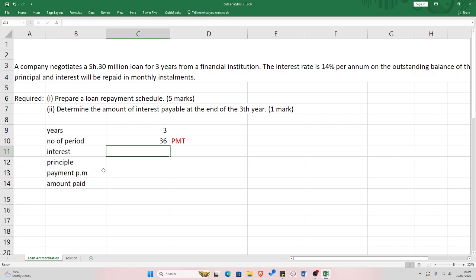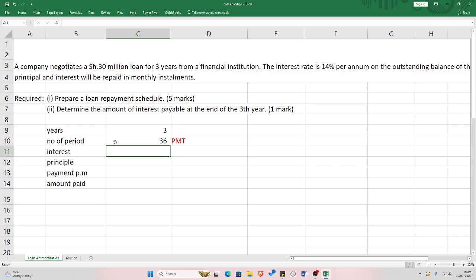So we ask ourselves, what is the interest? We're told that the interest per annum is 14%, and the question is telling us that we are going to be paying once after every month. So what is the interest based on the repayment period?